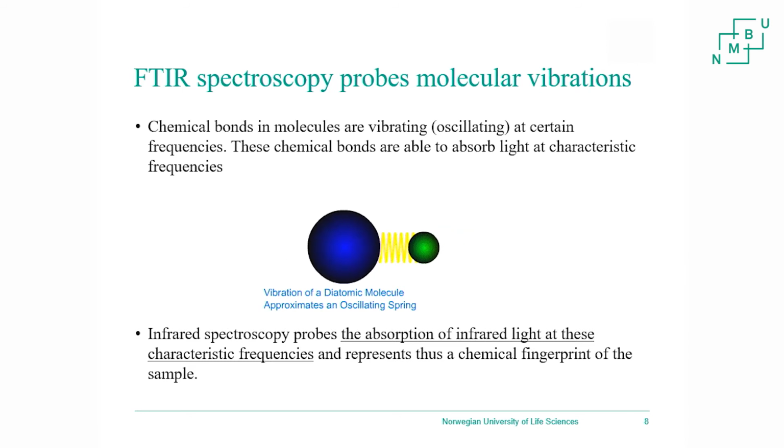We know that all chemical bonds in molecules vibrate at certain frequencies, and these chemical bonds are able to absorb light at characteristic frequencies. So when doing measurements in FTIR spectroscopy, we are probing the absorption of infrared light at these characteristic frequencies, and at the end we get a so-called chemical fingerprint of the sample.